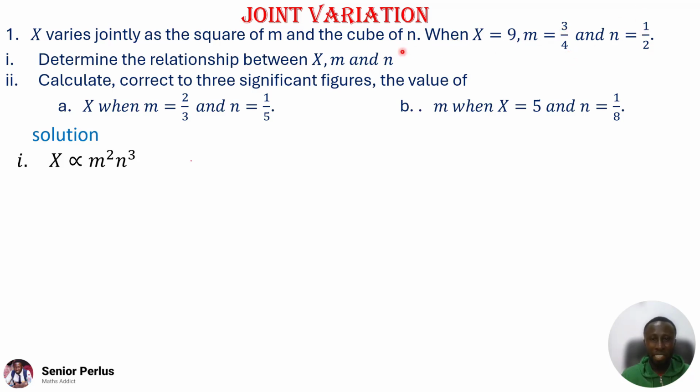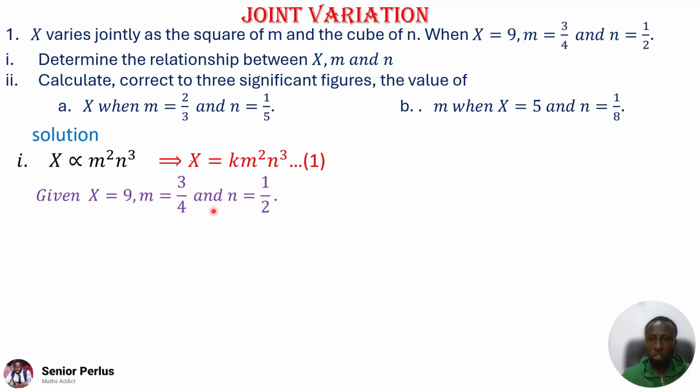This will help us to find K. Let's put this into an equation form where we introduce K, where K is the constant of proportionality. This one involves 3 variables, that's why we're given 3 values in the question.